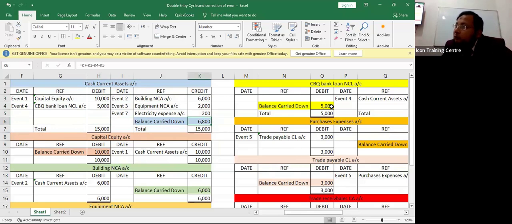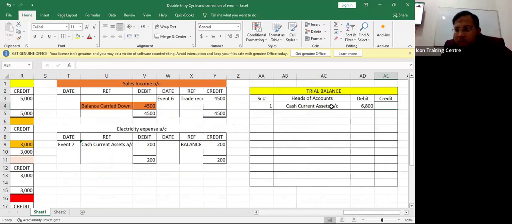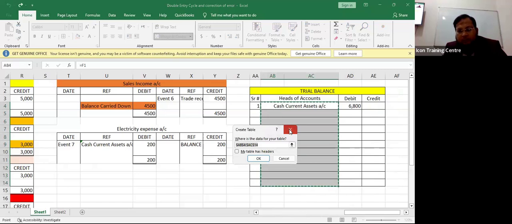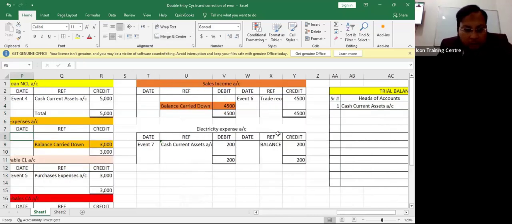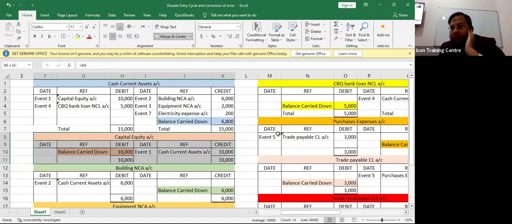Clear? Any confusion? Okay. So this was our first account, first head of account. Now just have a look at the second account, and its name is equity, capital equity.